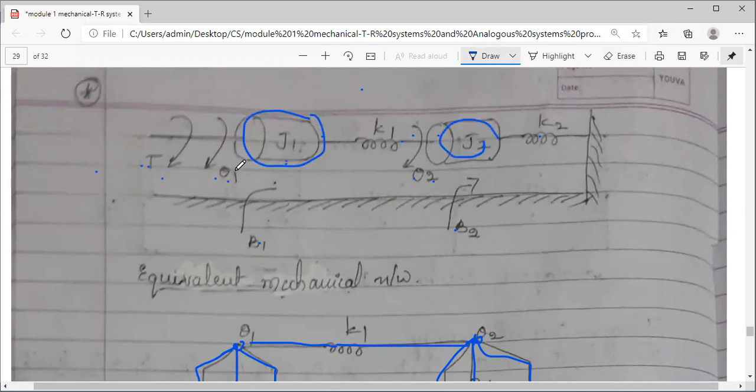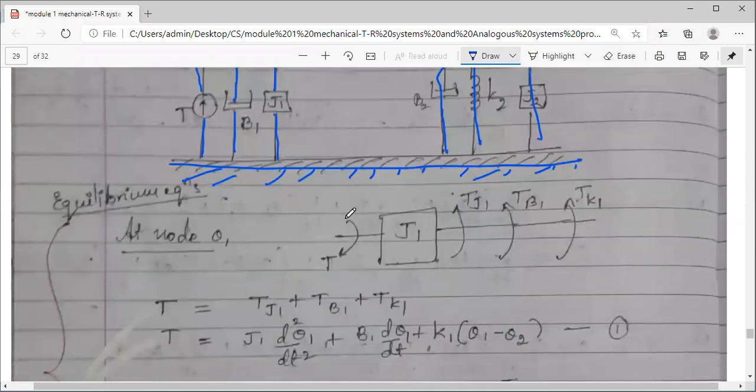Check for J1, what is the applied torque? You have T. How many opposing torques are there? There is a B1, that is TB1, and TJ1. I have written here, okay, just as a sample, I have drawn the free body diagram. There is an applied torque in this direction, and opposing torques are in the opposite direction.